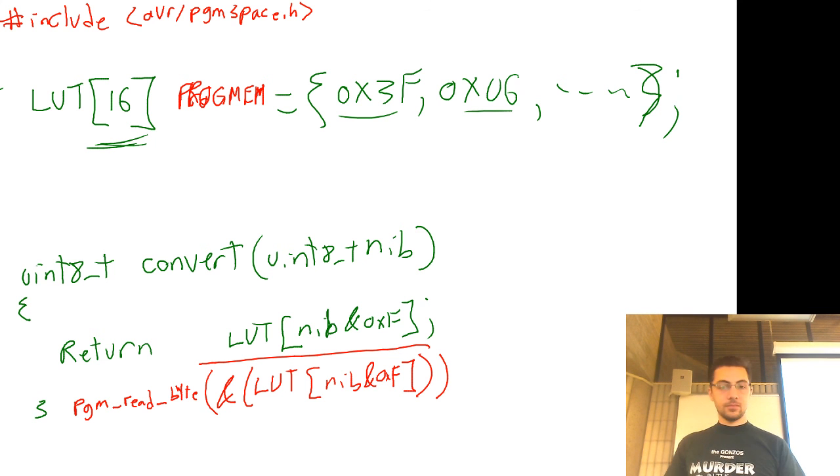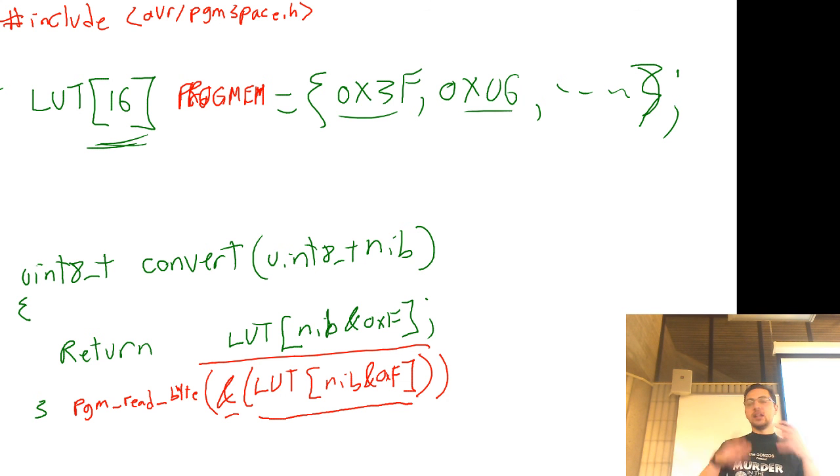Yes? So is that address of lookup table, square brackets, nib, address of... Nope, it's address of this thing, lookup table sub nib and 0xF. So what this does, lookup table sub nib calculates the address. Address of, so normally that would return the value at that address.